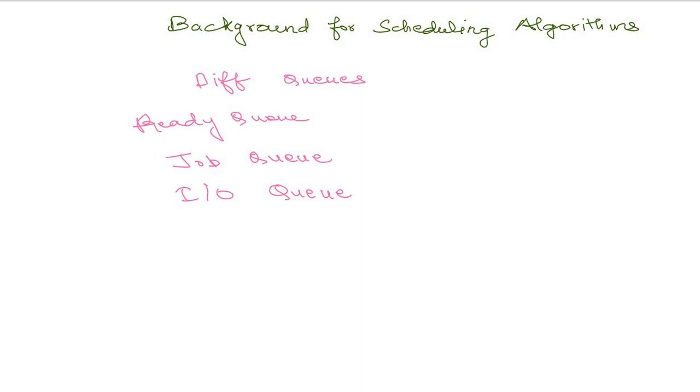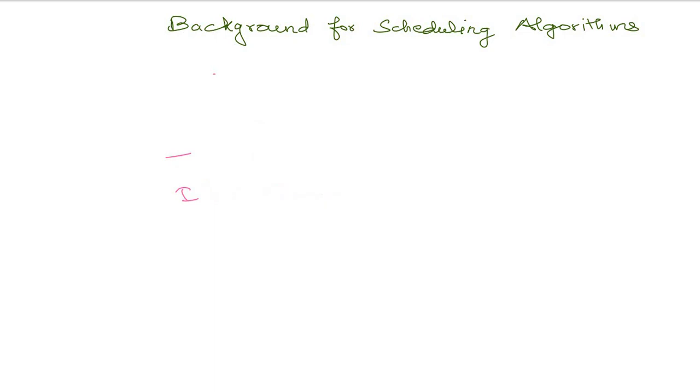Then after that, two terms that we need to know about are short-term scheduler and dispatcher. About the short-term scheduler, we studied in one of the previous videos that the role of a short-term scheduler is to pick one process from the ready queue. And then what is a dispatcher?